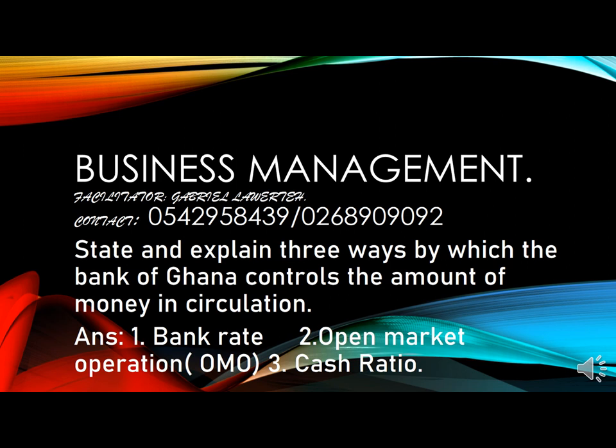Okay, so if they are buying from the commercial banks, it means that the banks are going to hold money, and the commercial banks will then lend it as loans to their customers. So we're going to have a lot of money in what? Circulation. Then what are they trying to do? It means that they want us to have more money. So Bank of Ghana is intending to make sure that we have more money in circulation.